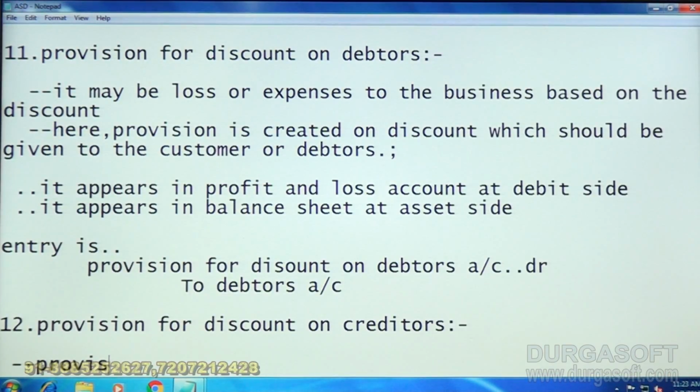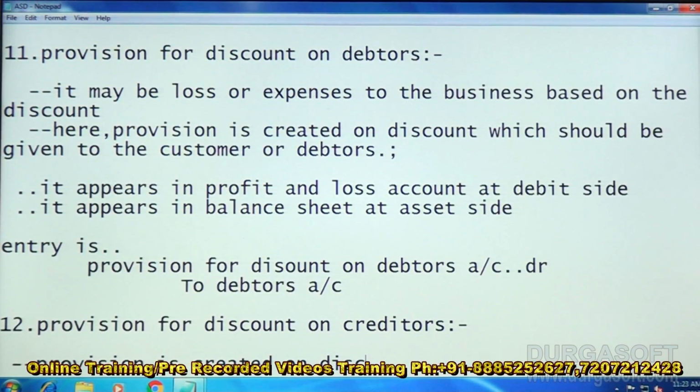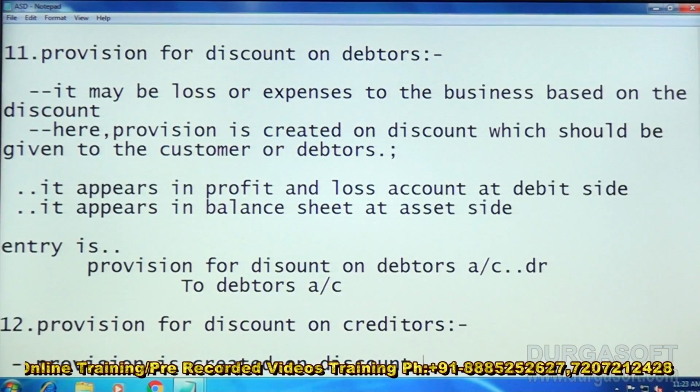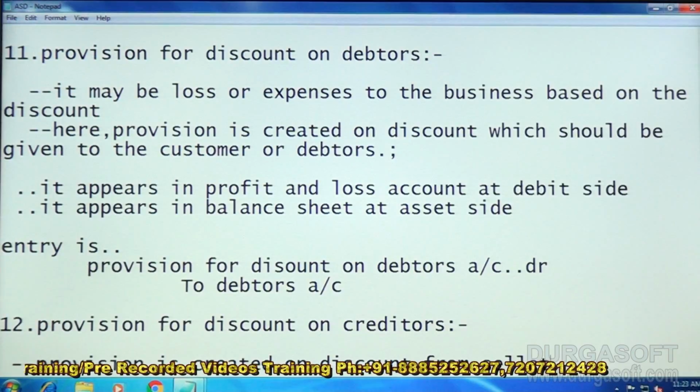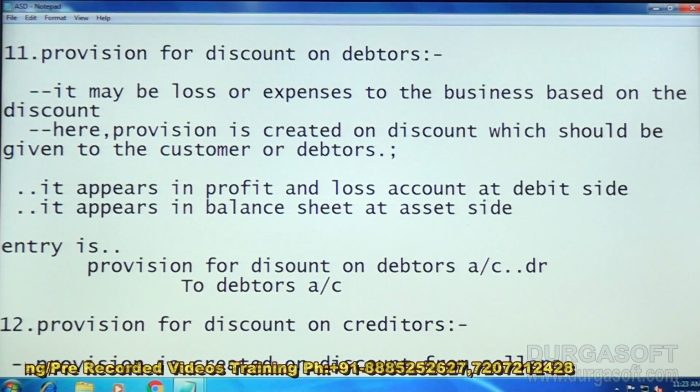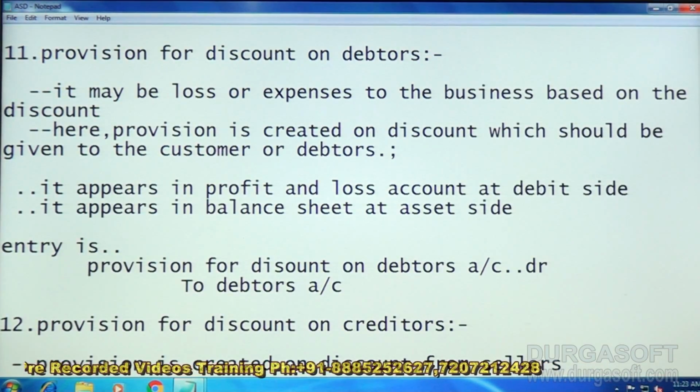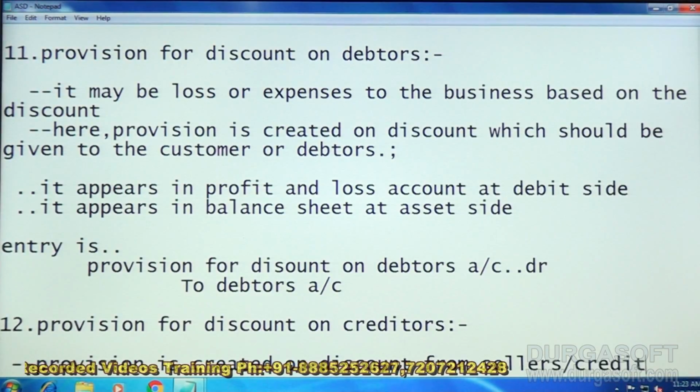Here the provision is created on discounts from sellers, means creditors.